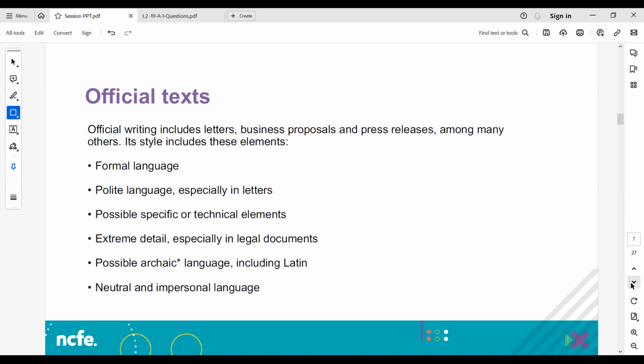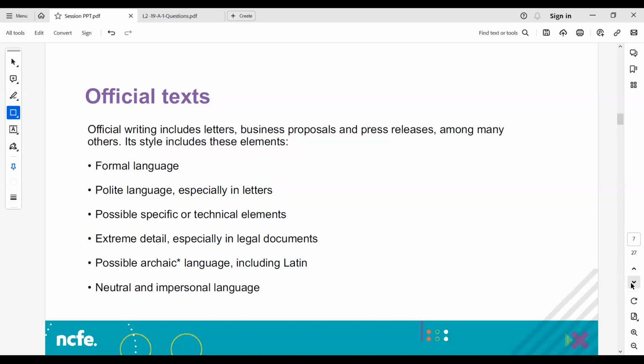So official texts. We've got some examples given there: letters, business proposals, press releases. So if you'd had a medical procedure, you might get a letter, which would be an official text, and it might include some of these features.